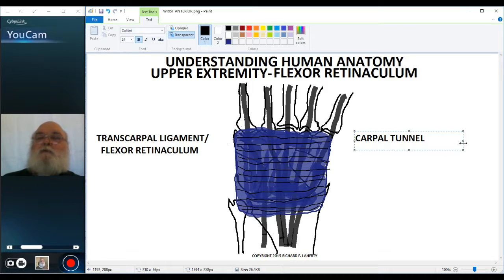And this happens when you are typing or keyboarding, using a mouse. And it's become quite a problem in modern day with the advent of computers. So, carpal tunnel syndrome is caused by an inflammation in the area deep to the transcarpal ligament, deep to the flexor retinaculum.